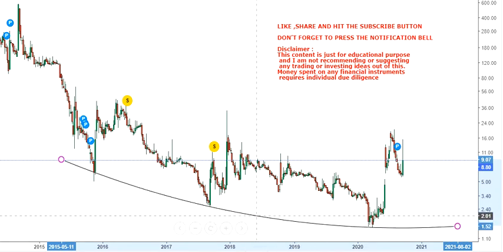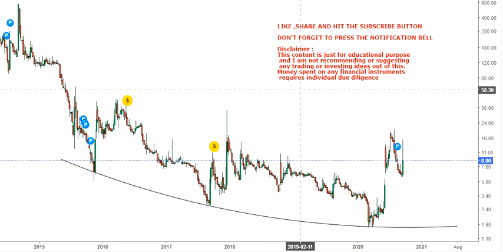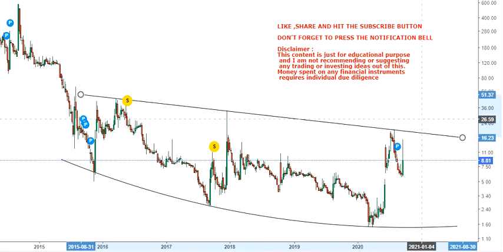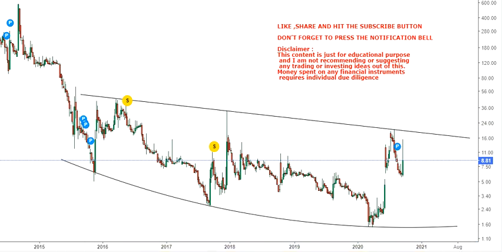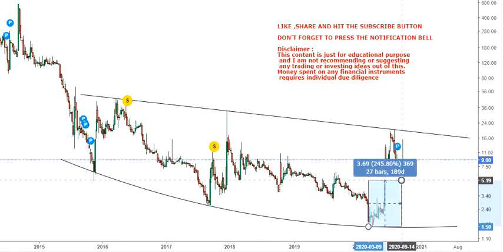So you can see how the trend line has been. It is something like this, and on the upside also the stock has moved like this. Now if you look at the trend, the stock went up from 1.5 to 19, probably 1200% in a very short span of time, and again fell back and is now trying to move up again.